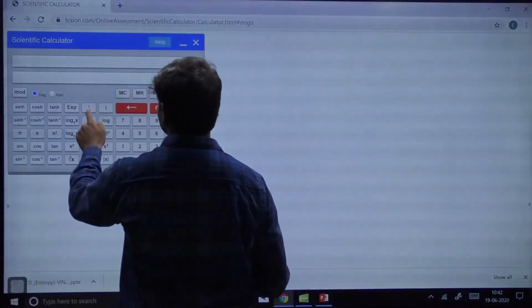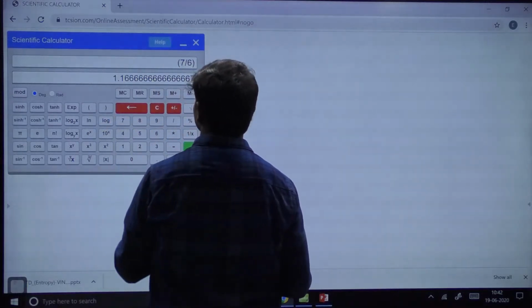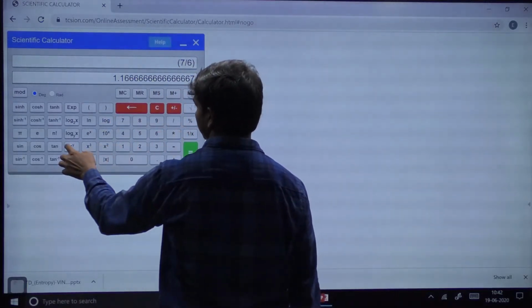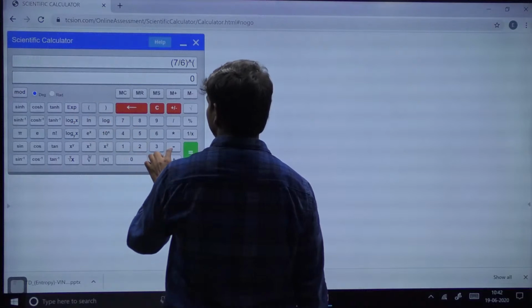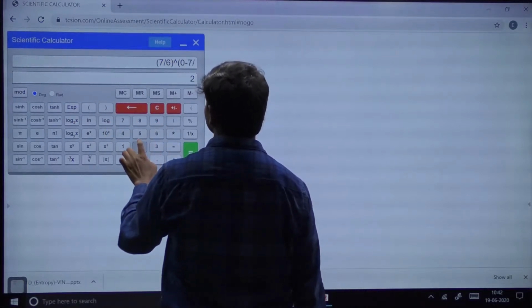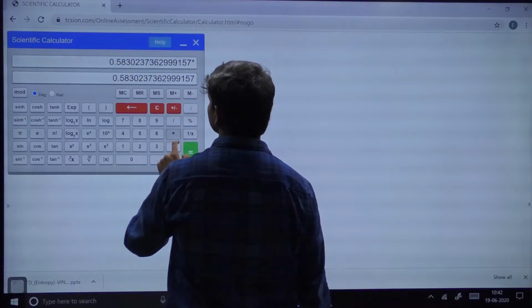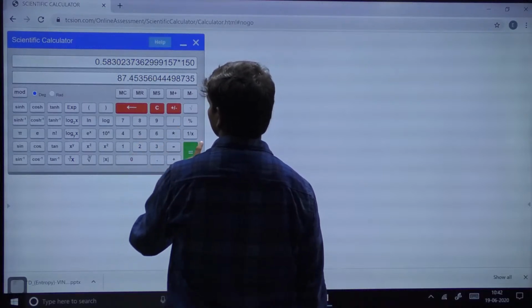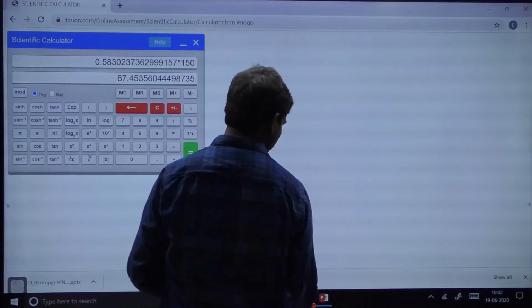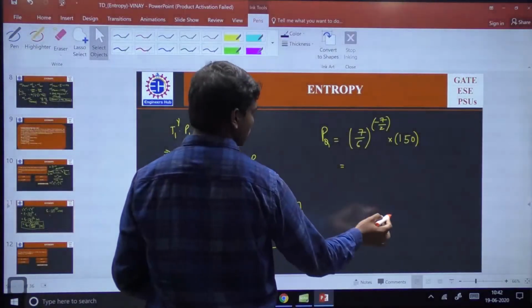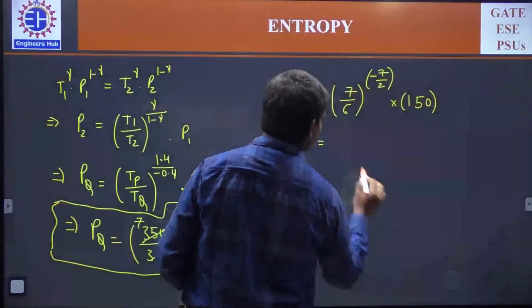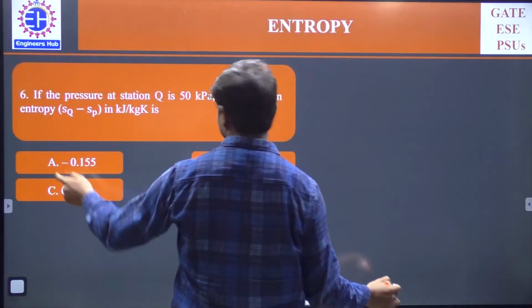Okay. So 7 by 6 whole power, here is the power, minus 7 by 2, because 14 by 4 could give me something like this. This into 150 kPa, so 87.45 is the answer. So if you write this, we have 87.